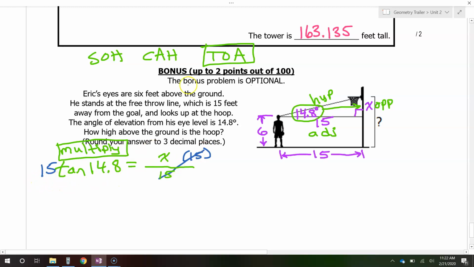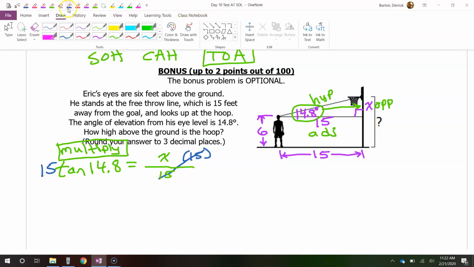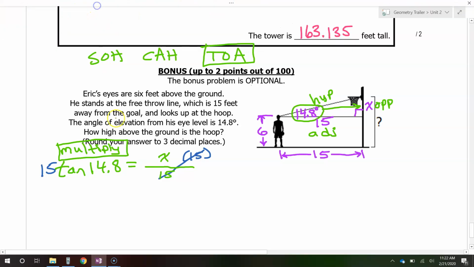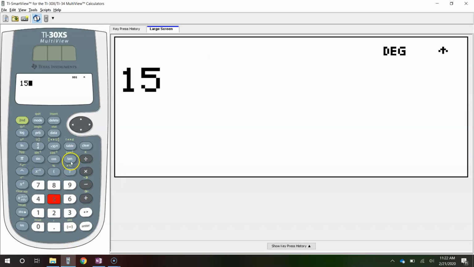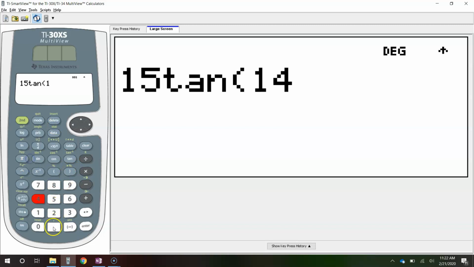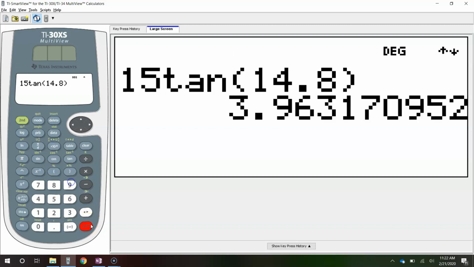So we can put this in the calculator, and that will give us x. 15 tangent 14.8 is 3.963.